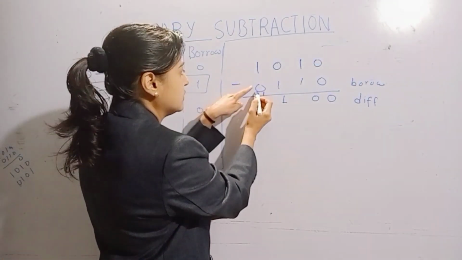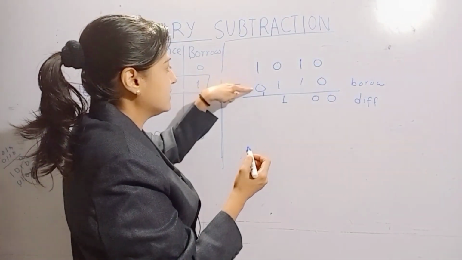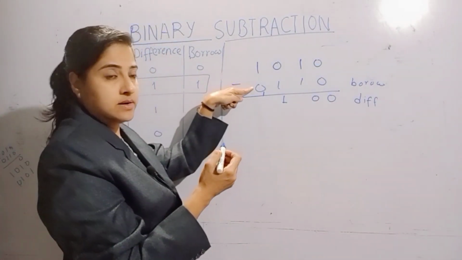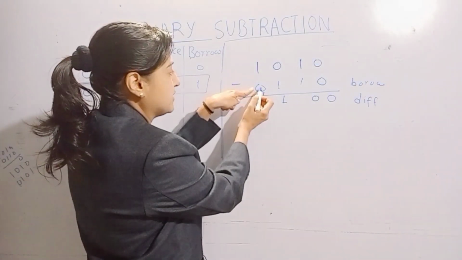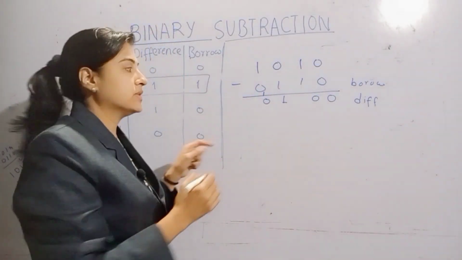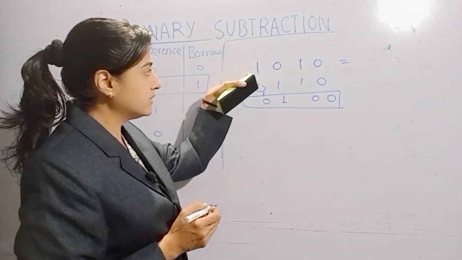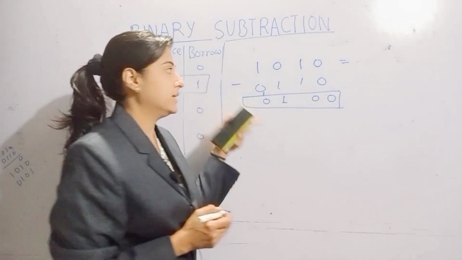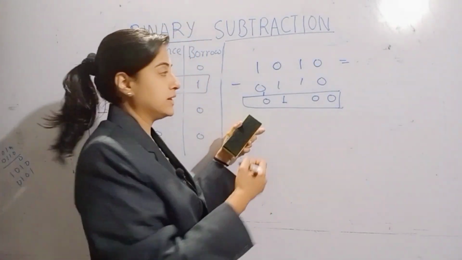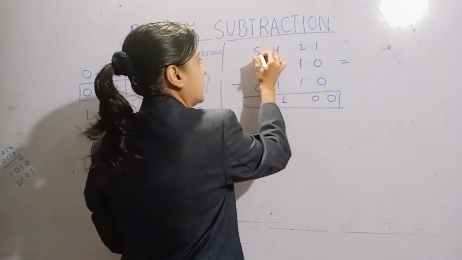1 minus 0, we have to go by sequence. 1 minus 0 is 1, no borrow, and that difference 1 minus this borrow 0 is 1. Okay, so this is the answer. We can verify that by converting these numbers into decimal and then subtracting the decimal numbers. So we know the place values are 1, 2, 4, 8.